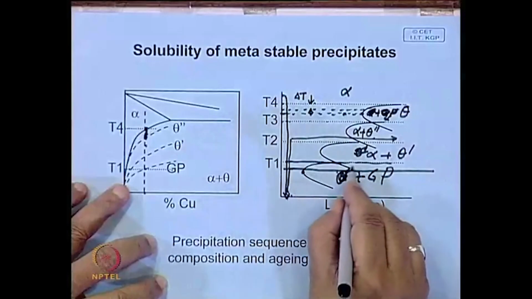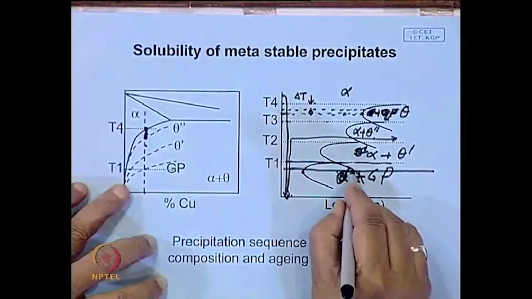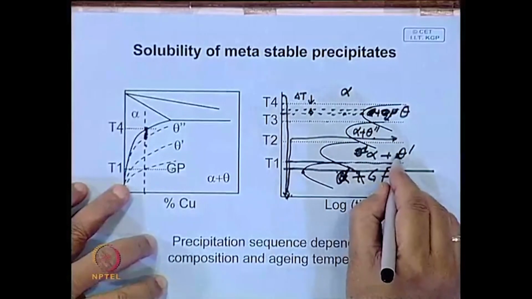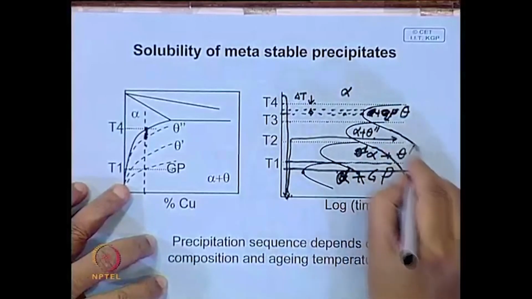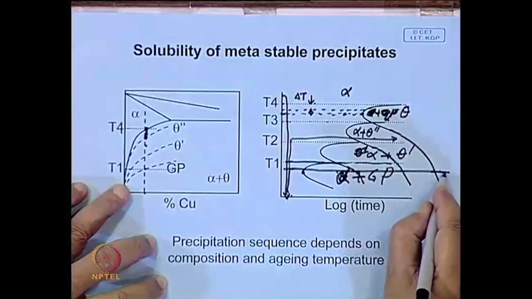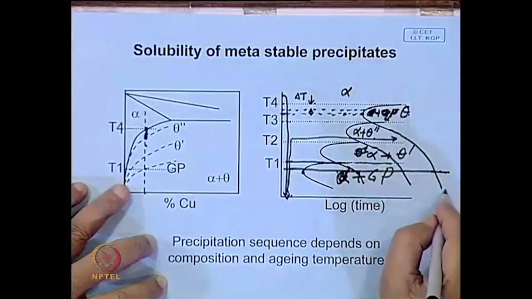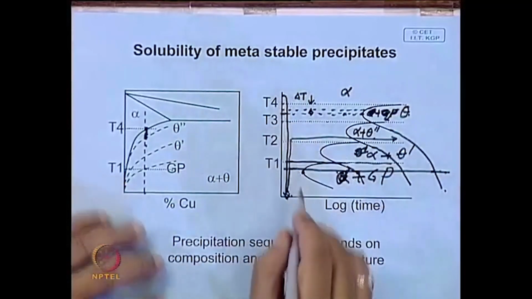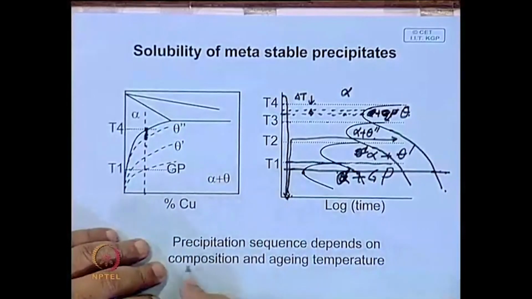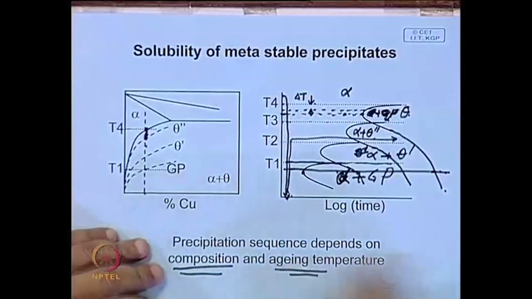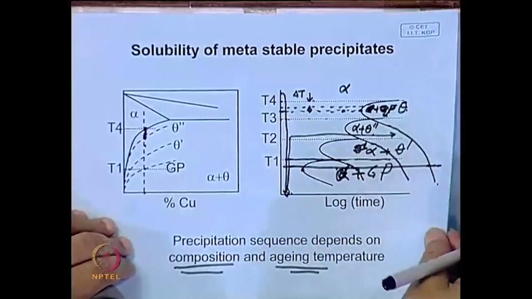First the GP zone will form, then it will cross this line, you will have theta prime forming, then this line, then this. So, last precipitate to form will be theta. So, you remember, this sequence of precipitation will depend on composition of the alloy as well as the aging temperature.